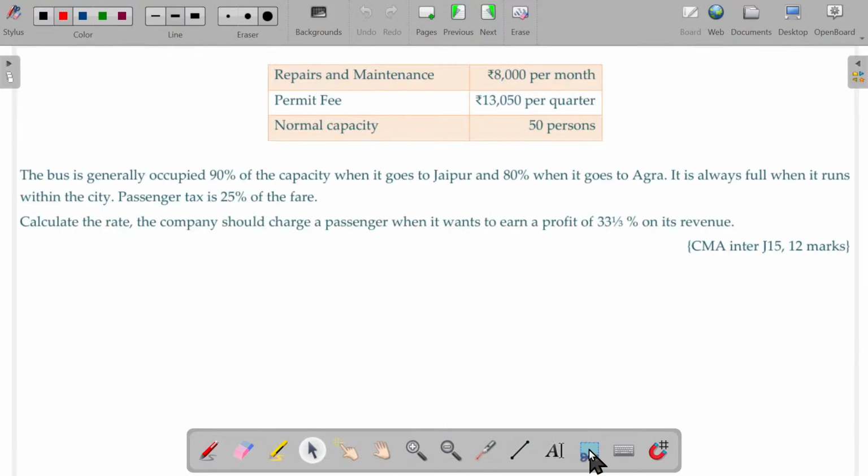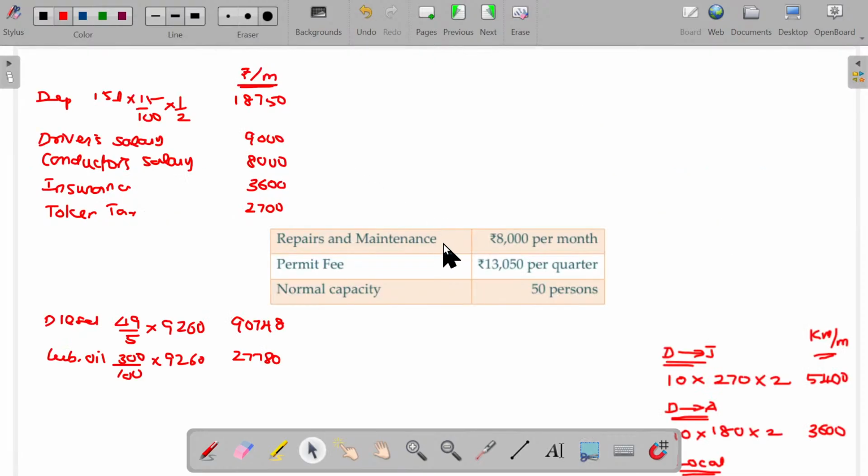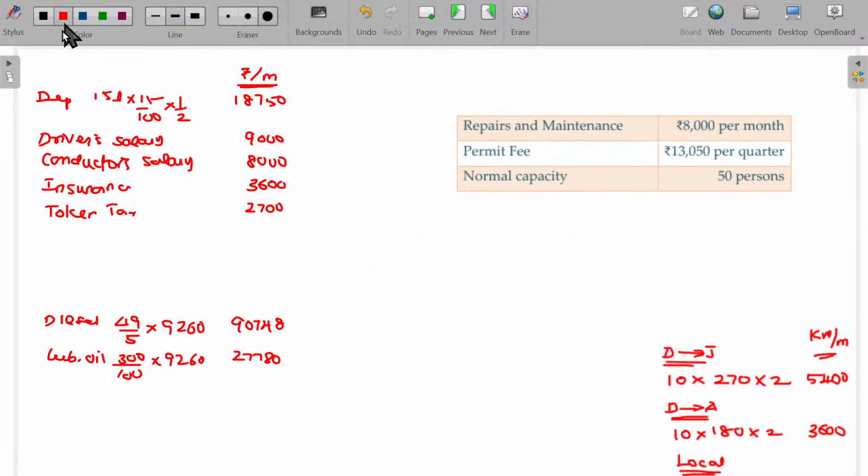Further, we have a few more costs. Repairs and maintenance, 8,000 per month fixed rate given, so I consider this a part of fixed cost. Repairs, 8,000 per month.